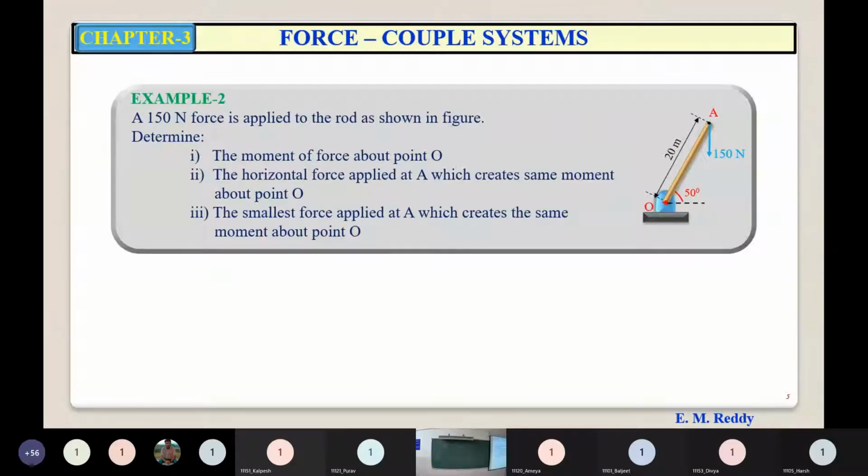A 150 Newton force is applied to the rod as shown in figure. So determine: 1. The moment of force about point O. 2.